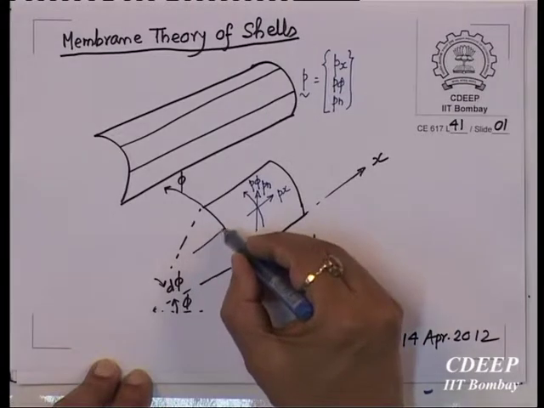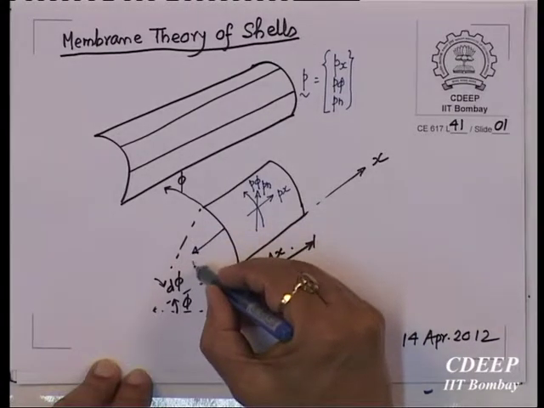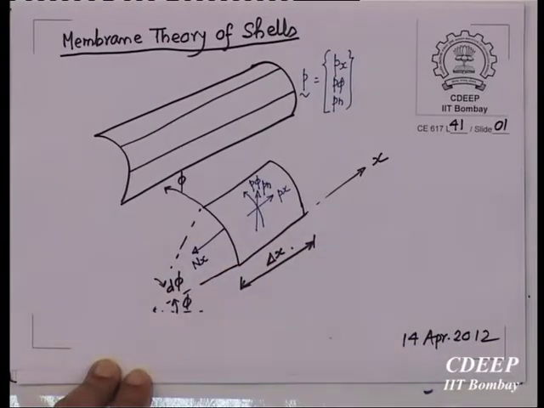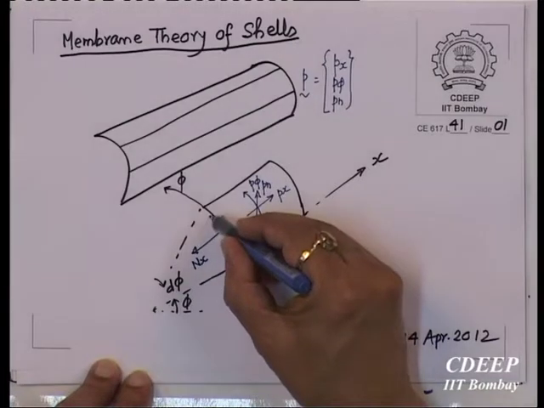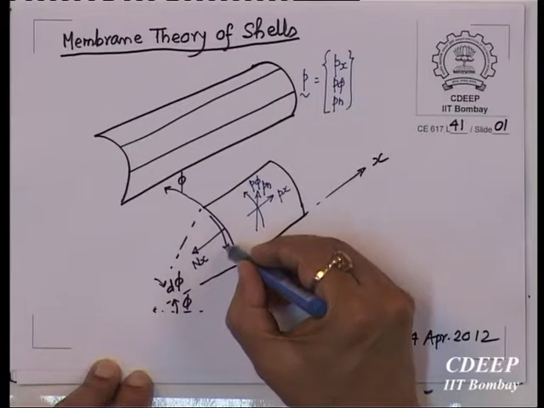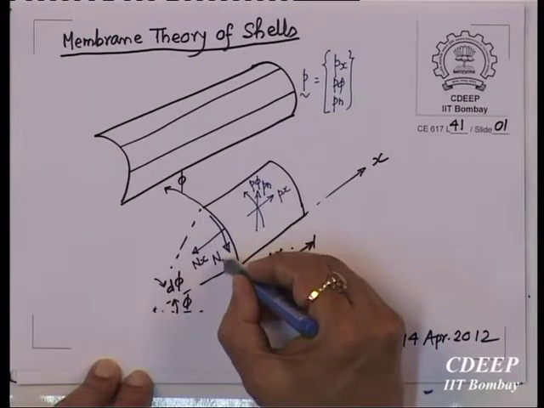So, there will be n x in the negative x direction, and in the negative phi direction there will be n x phi. N x phi will be like this.